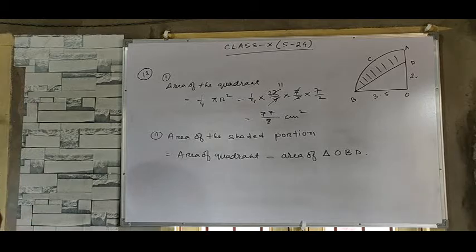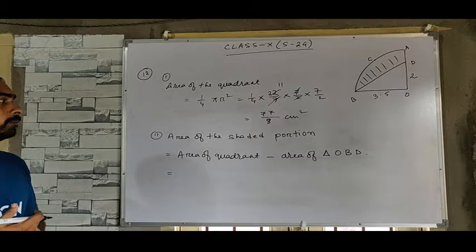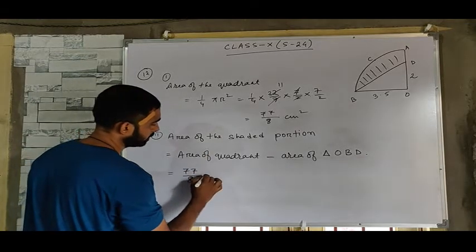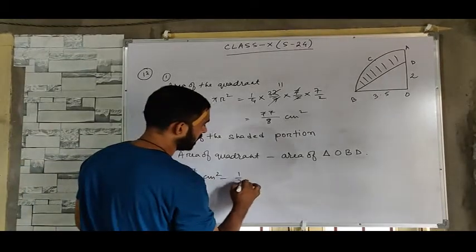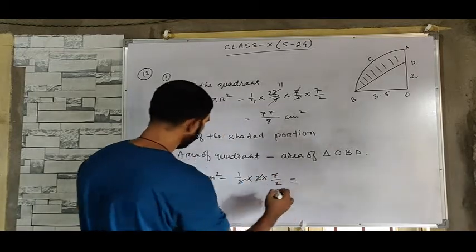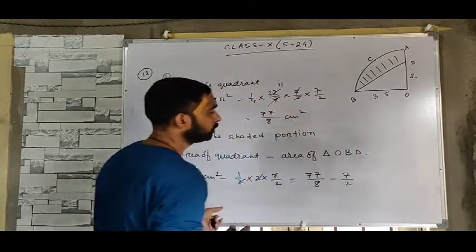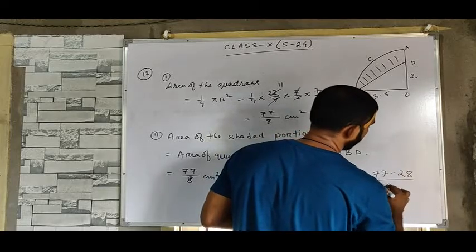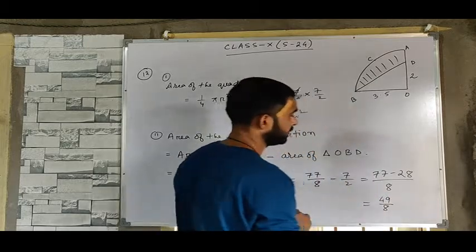Now the area of quadrant is 77/8, minus area of triangle OBD, half into base into height. Cancel. So 77/8 minus 7/2. So this one 77 minus 28 by 8. So 49/8.